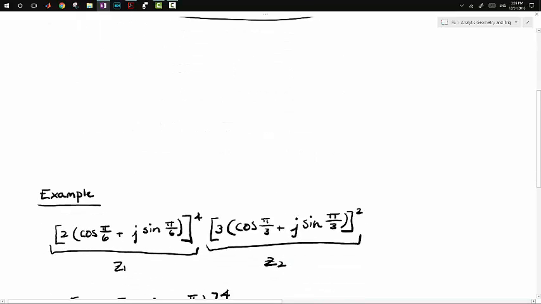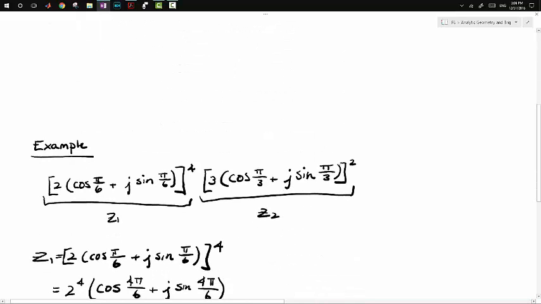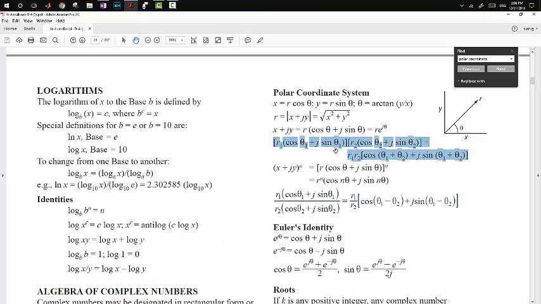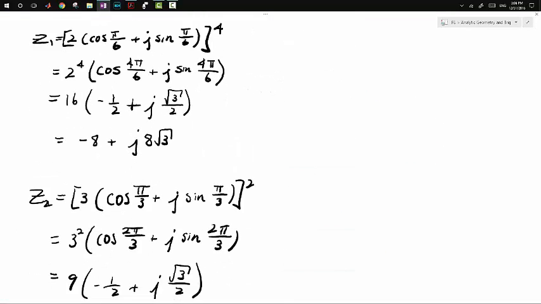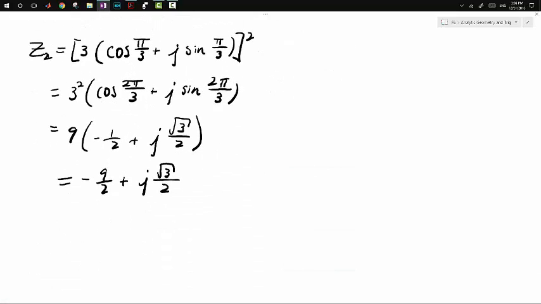And in order to multiply z1 and z2, we would again refer to this equation here. I did an example of this in a previous video, so if you're not familiar with it, you can check that out too. But it's pretty simple.